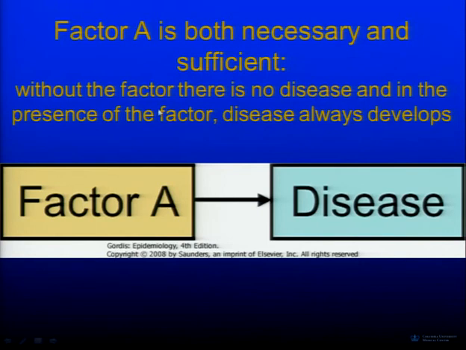So in this, factor A is both necessary and sufficient. If you don't have factor A, no one's going to get disease. And in the presence of the factor, whenever you have factor A, people always get the disease. Can you think of anything that might apply to this kind of a relationship? Yeah. Radiation. It could be radiation, although it's not strictly positive that then you will get a disease.